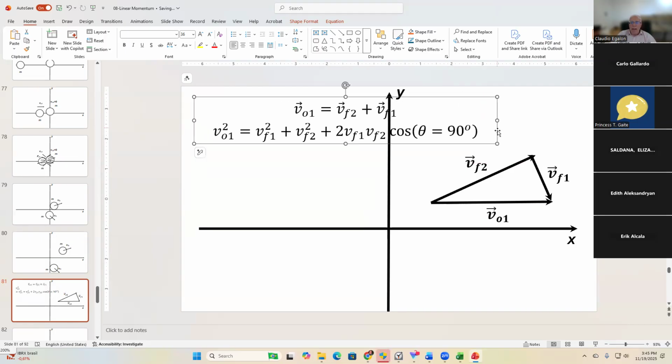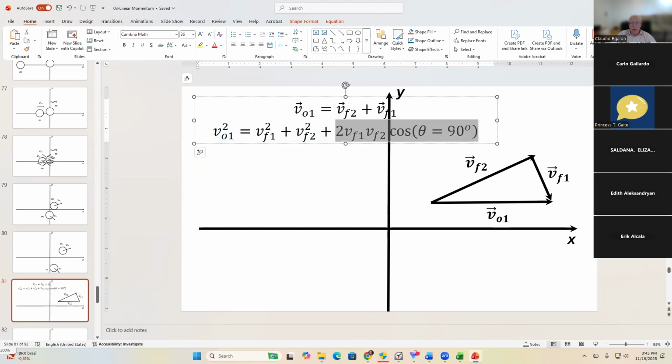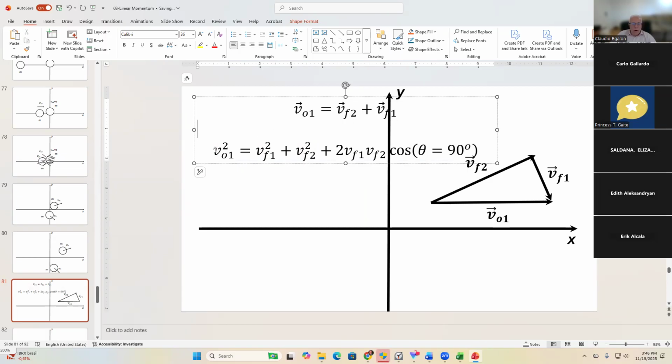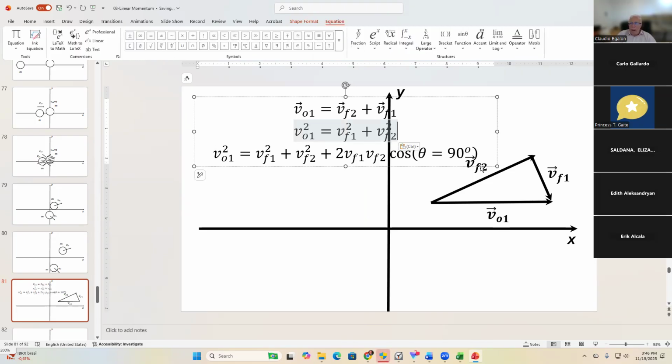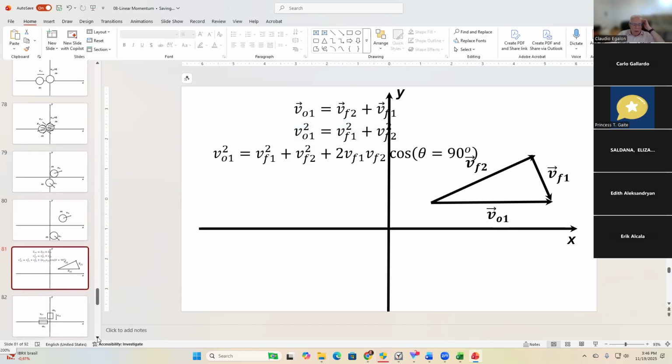If cosine of theta is equal to zero, meaning the angle is 90 degrees, then this term disappears, which was exactly the equation that we had before. So this triangle that you have right here, consequently, must be a right triangle. It must have a 90-degree angle there.